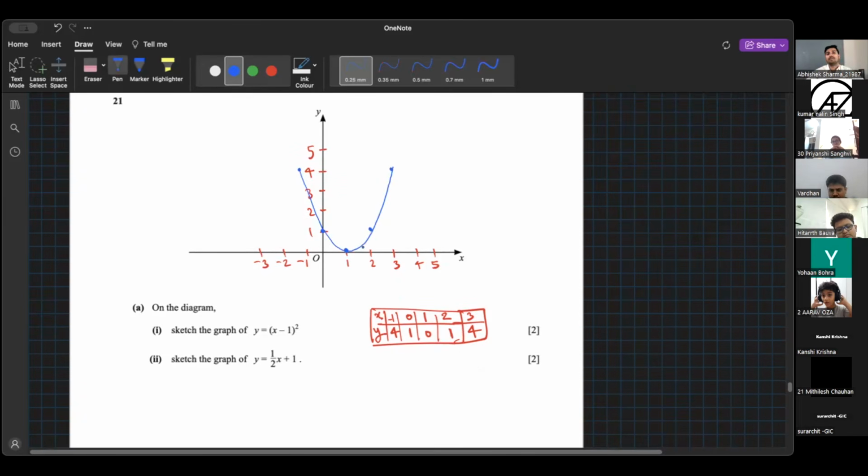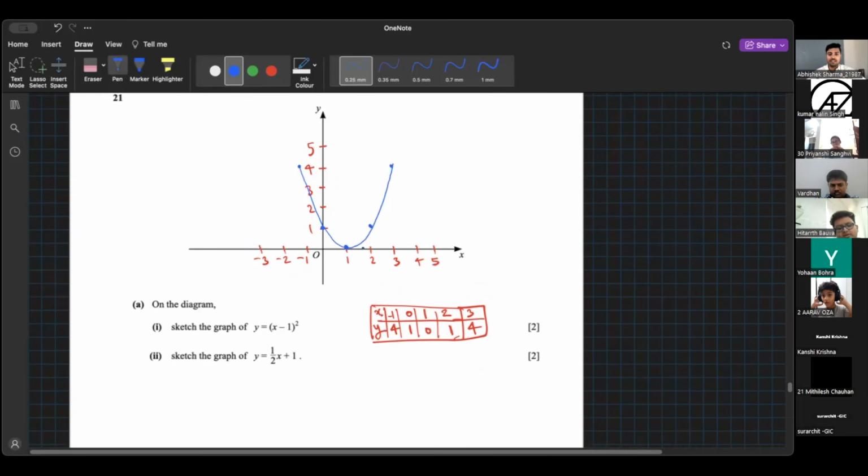Instead of plotting the points, I can directly use vertex equal to h comma k. If I expand y equals x minus 1 square, I get c as 1, and h comma k is 1 comma 0. Then I can follow the symmetry and sketch the curve.